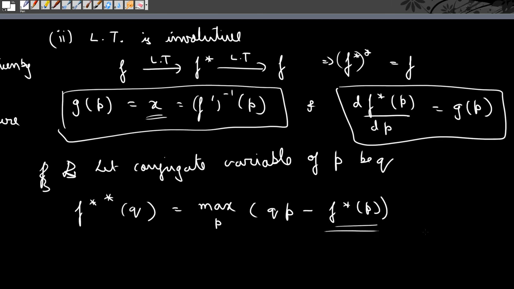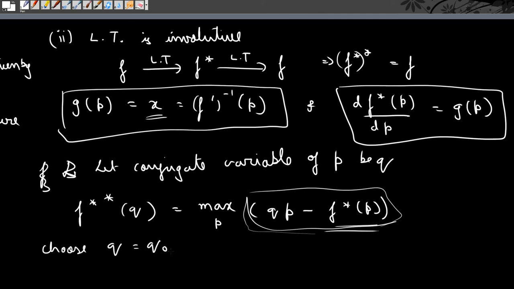Now, to maximize this, we have to differentiate this expression. So let us do that. First choose some q equal to q naught.